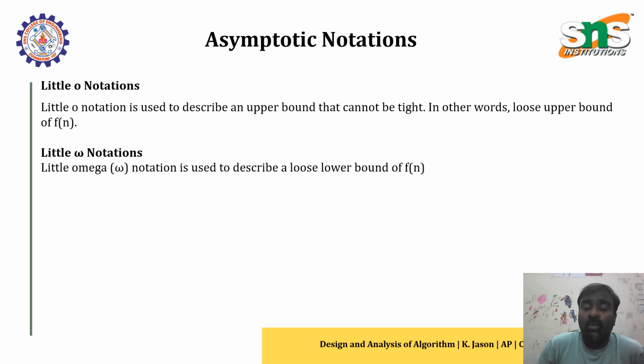So these come under asymptotic notation. With asymptotic notation, the running time of an algorithm is represented as a mathematical expression. So it is very important to know how they are described using these notations.